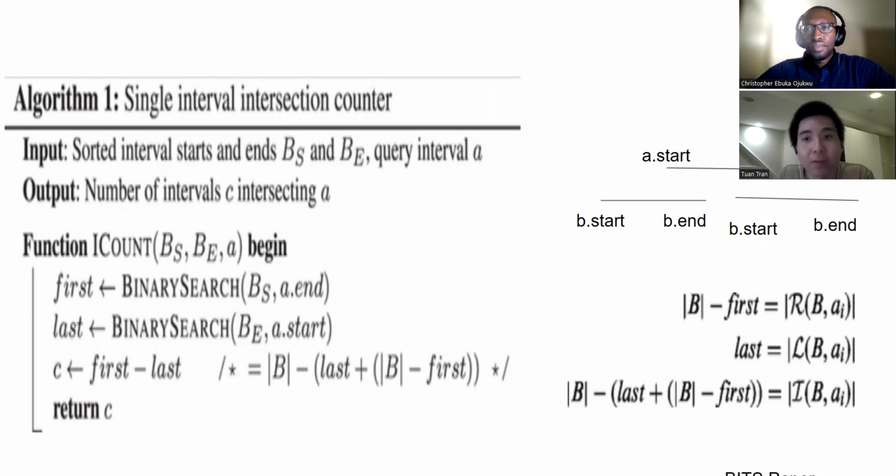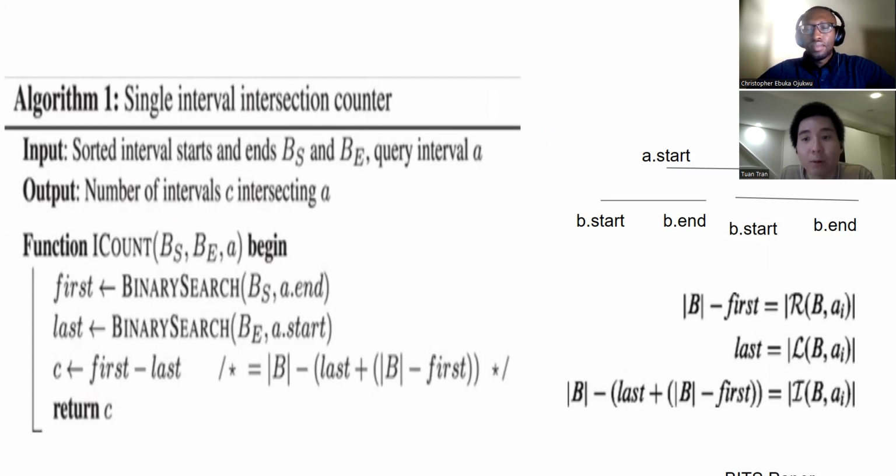So the BIS algorithm is based on one fundamental function, I count, which determines the number of intervals in the set B that intersect the query interval A_i. Data set B is split into two integer lists, BS and BE, which are sorted in ascending order.